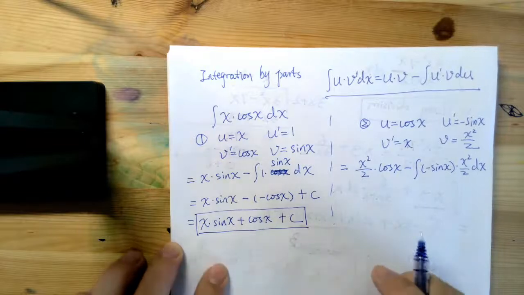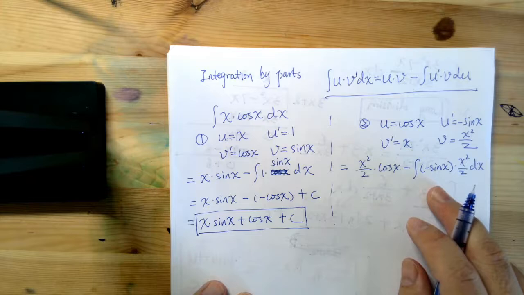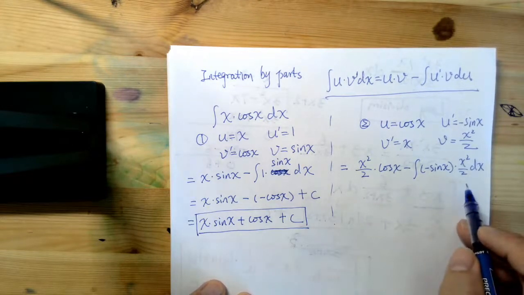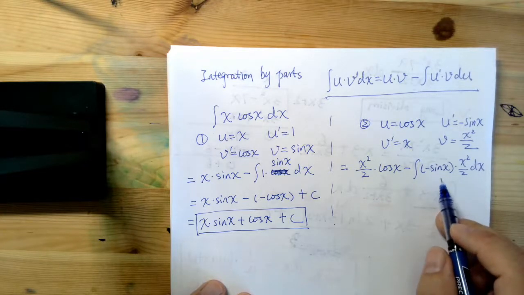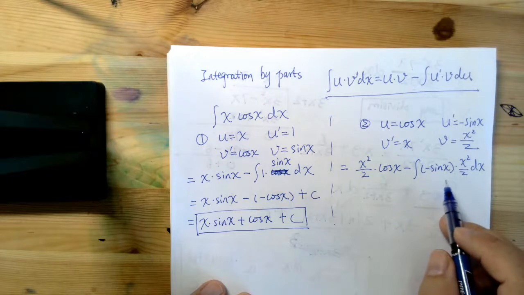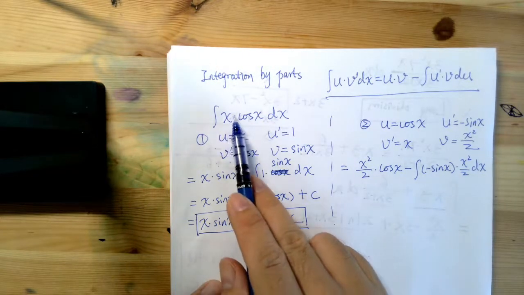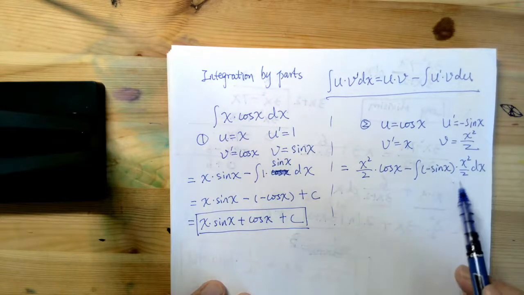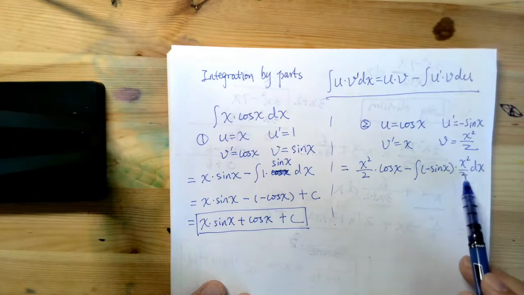But now let's go back and take a look at this one. You can see that this integral is not trivial. In other words, it's not very easy to evaluate. More than that, before it was x times cosine x here. If you make this selection, it's negative sine x times x squared over 2.